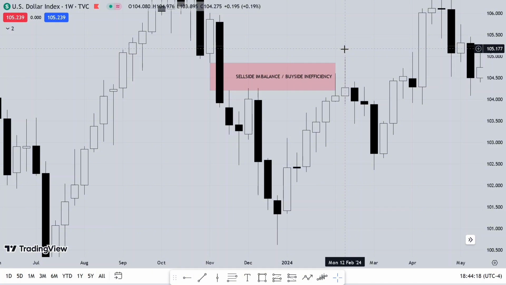Think of the market as a chaotic, orderly environment. And as traders, our job as price action traders is to balance this imbalance, to make beauty where there is chaos.